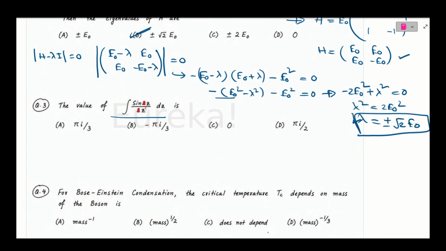So first of all, this is f of z. According to the residue theorem, the integration of f of z dz is nothing but twice pi iota into the residue of f of z at those points which are inside the contour.